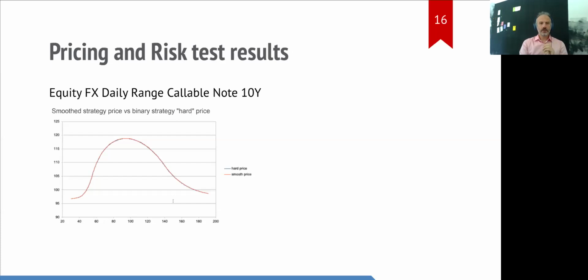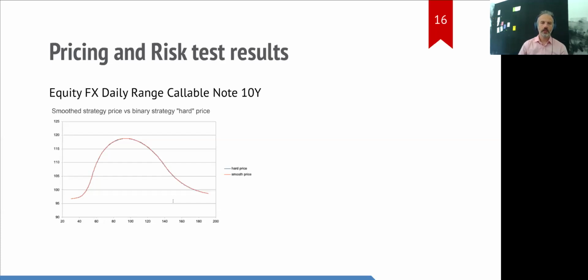So, some results. Again, we just played around with this idea, and we wanted to demonstrate how well or how badly it performs. We wanted to look at a product where Longstaff Schwartz may struggle to find the optimal exercise boundary.